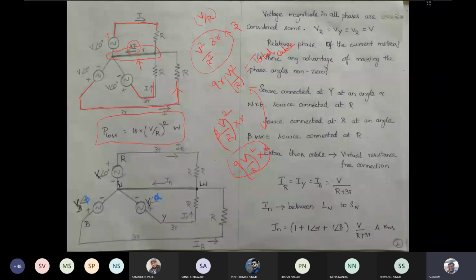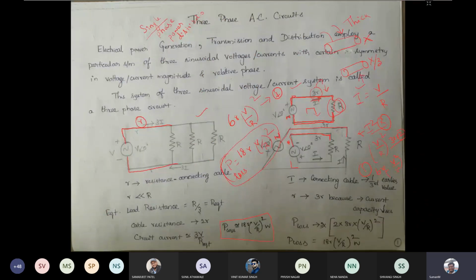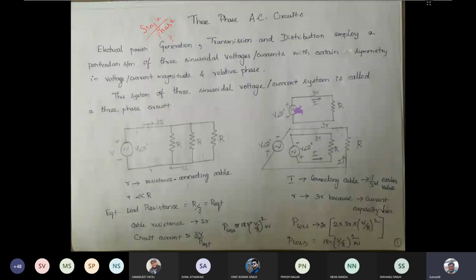Now, this is the important point. What we did, we were having three sources like this. There is one terminal which is connecting the negative polarity of the source with the resistance.